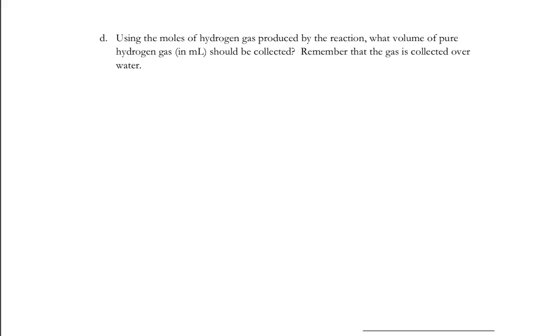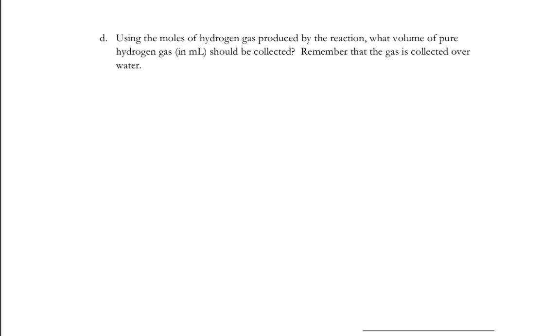Okay, so for this problem we use PV = nRT. We solve for V, so that's equal to nRT over P. Well, for the moles of the H2, we have that from problem B. We always have the value of R, the universal gas constant, times the temperature we've converted to Kelvin, and then we divide by the pressure.